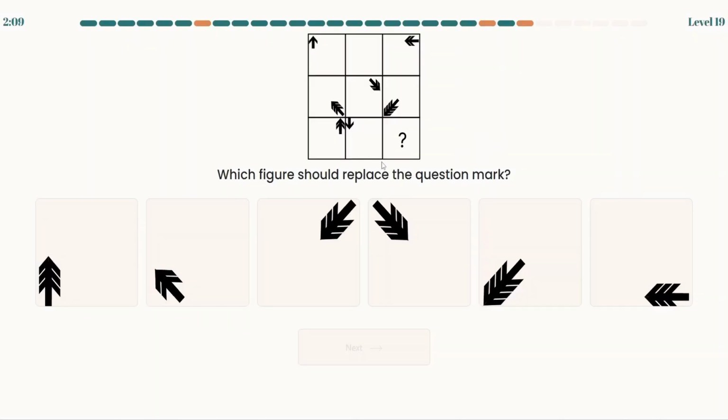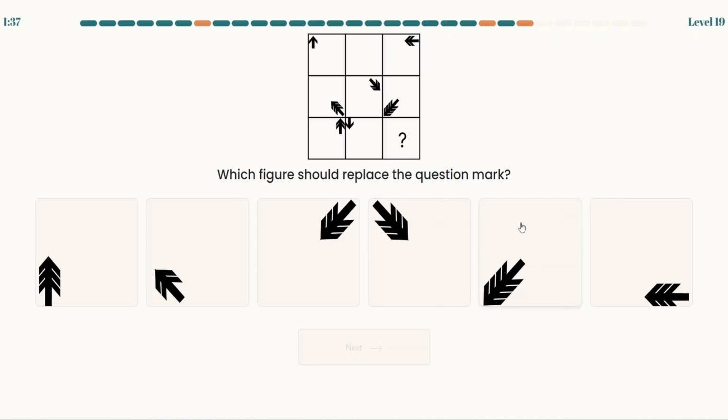Which figure should replace the question mark? Arrow, return goes down, so 1, 2, 3, 4. 1, 2, 3, 4. 1, 2, 3, 1, 2, 1, 2, 3, 4.